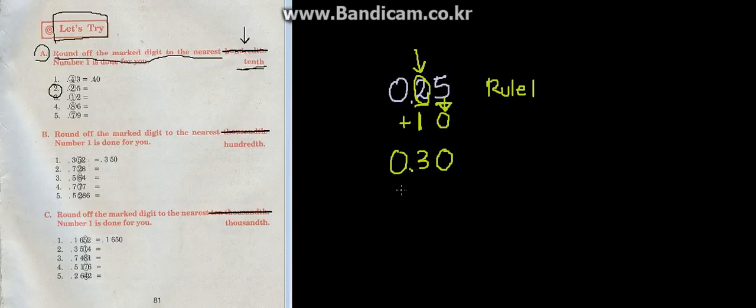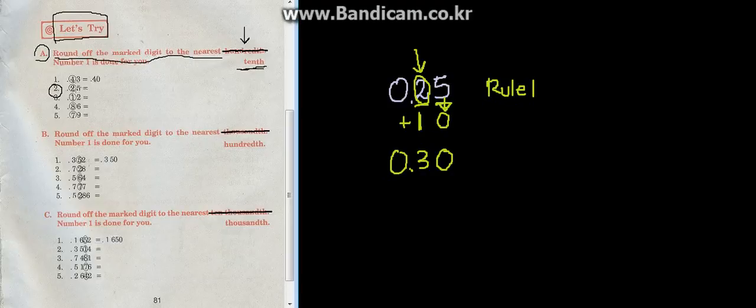That was the example exercise for part A. Let's go to part B. In part B, we have to round off the marked digit. The marked digits are the digits circled. Again, fix the circles in your textbook and make it look like this.